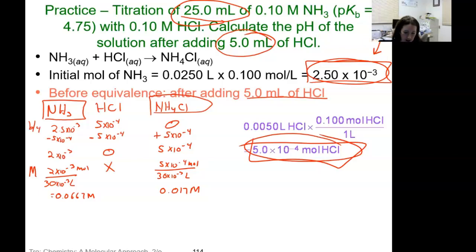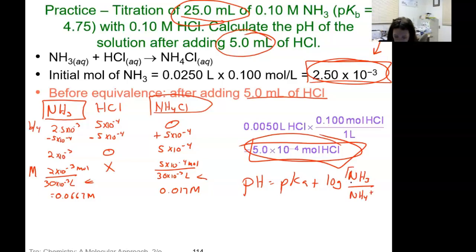And yeah, so Avanish just pointed out, with Henderson-Hasselbalch, I just don't want to confuse you on this. With Henderson-Hasselbalch, because you're dividing them both by the same volume, when you do your Henderson-Hasselbalch, pKa plus log of NH3 over NH4 plus, or NH4Cl, however you want to do this.